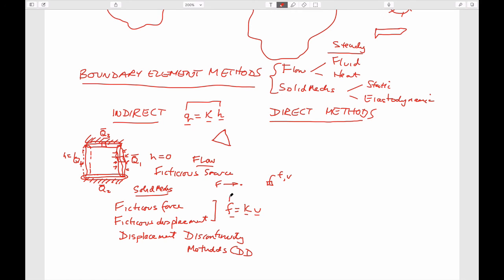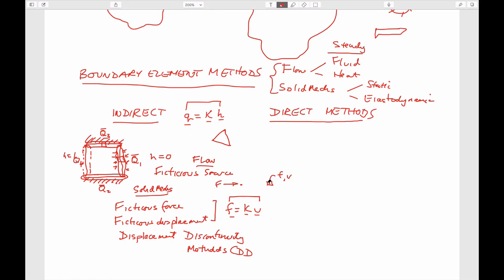And so what we could do is we could write a linkage between these forces and displacements around this body. And if we choose the magnitude of the forces that we distribute around this body to recreate the boundary conditions we want, then we have a solution because it's satisfying all the requirements for a solution. It's satisfying the equilibrium equations, it's satisfying the constitutive equations, Hooke's law.